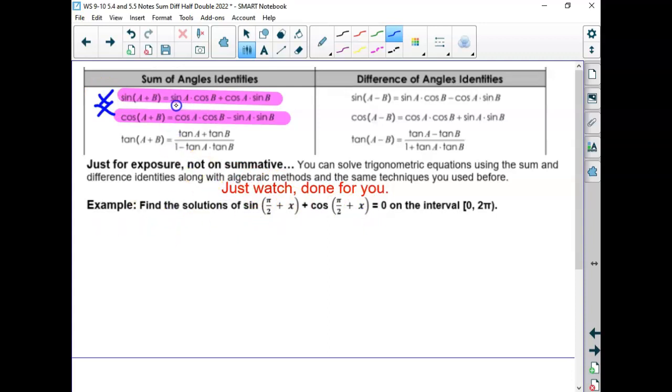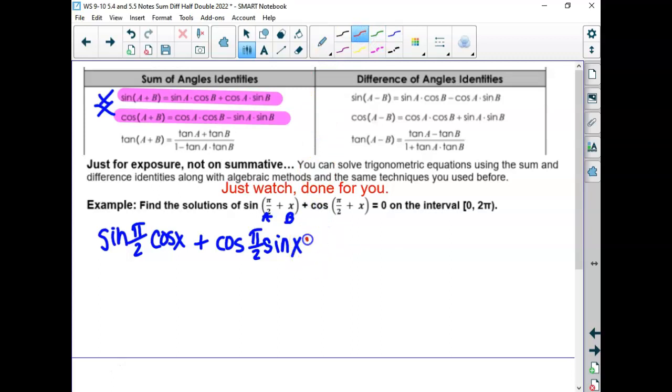So when it says plus, we're using the first one. Sine of A for this example would be pi over 2, cosine of B. Here's our A, here's our B. B is x, plus cosine of A sine of B.